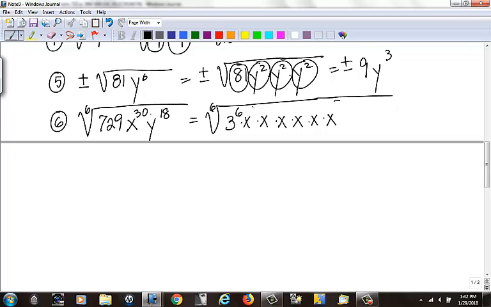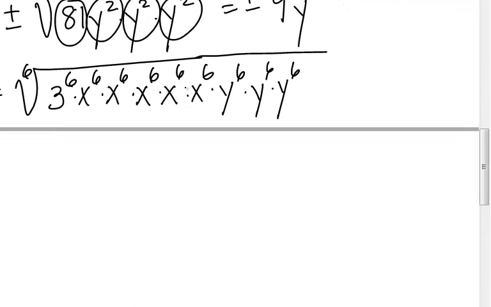Go the other way. 6, 6, 6, 6, one more. And then y to the 6th, y to the 6th, y to the 6th. So out of this we can take out 3, x to the 5th, and y to the 3rd.